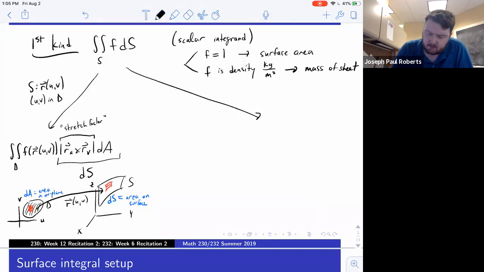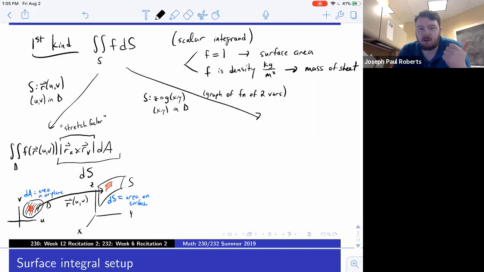But then often we won't have our surface S given to us in terms of R of UV. Often our surface will be a graph of a function of two variables. So remember, the graph of g of xy. So if your surface is instead given to us like this, you could go through it, set up R of xy as x, y, g of xy, like we talked about last week, and go through all these calculations.